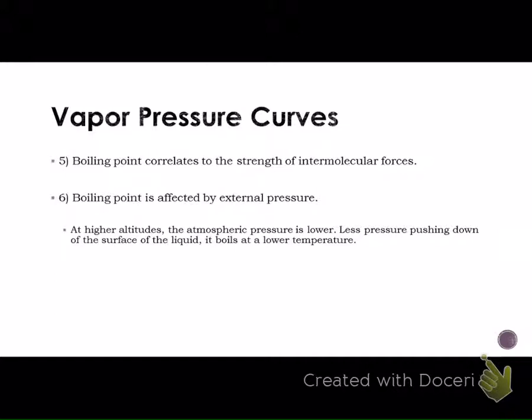So again, in places like Denver, they have water that boils at a lower temperature than what we see here because we're pretty close to sea level. So again, as we go down in elevation, it takes more heat, or at a higher temperature we see boiling because we have more atmospheric pressure pushing down on us than again what we see in higher elevations.